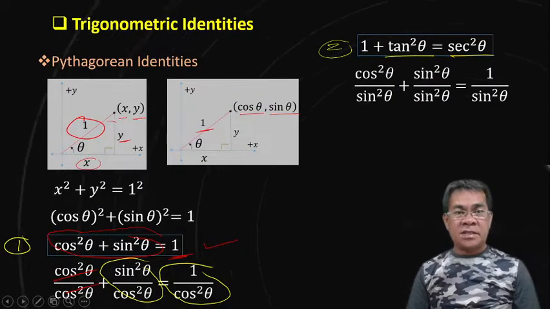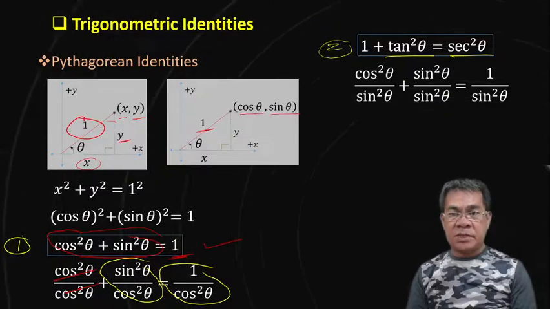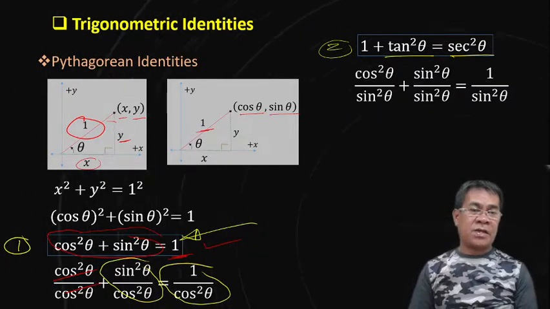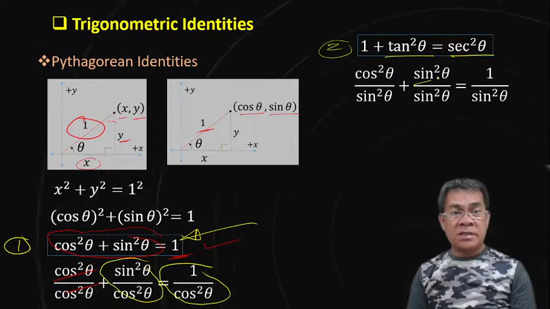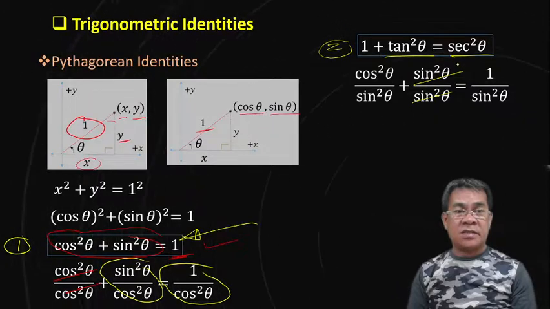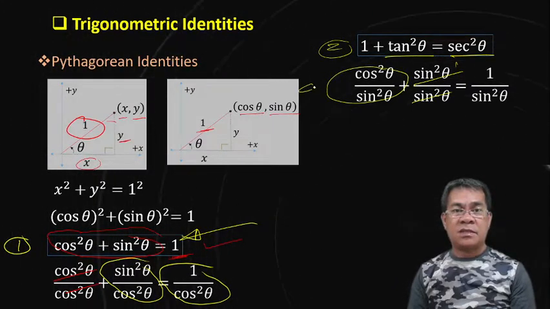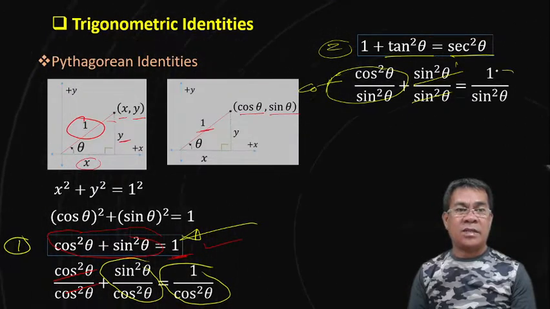Now, this time, we will divide both sides of Pythagorean identity number 1 by the sine square of the angle theta. So, what will happen is this will be cancelled and reduced to 1. While this one, take note, this is cotangent. Okay? This is cotangent. While this one is what?